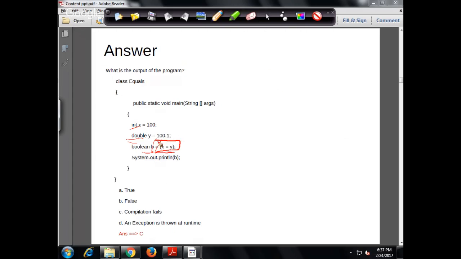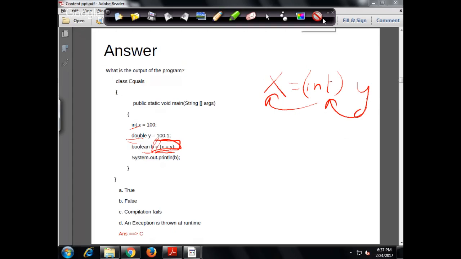The right way to write it is x is equal to (int) y. This way, y will be converted to int and then stored in the integer variable. But in no case can you store an integer variable into a boolean variable. That is where the compilation error will occur.